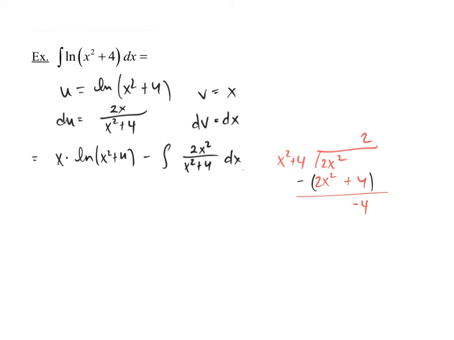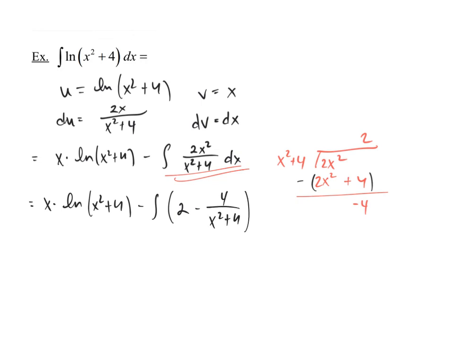And so this integral right here will now become, I'll just go ahead and write the entire line, x ln of x squared plus 4 minus the integral of my quotient, which is 2, that was what was on top right here, minus 8 over x squared plus 4 dx.